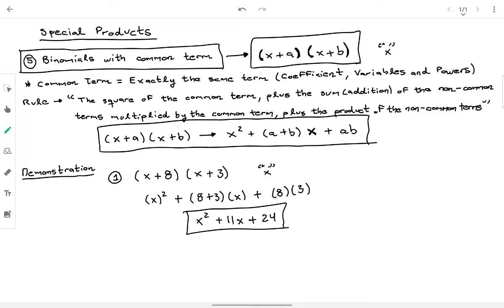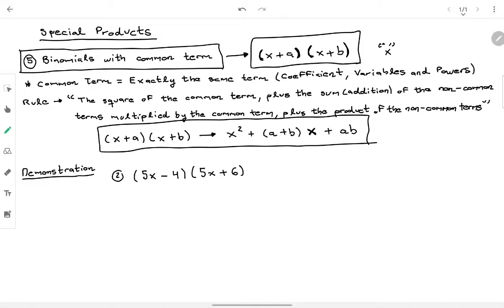So it's a very usable special product. Let's see another example. If we get something like this, in this case the common term is 5x. So the rule is the common term squared plus the addition of the non-common terms multiplied by the common term plus the product of the non-common terms.